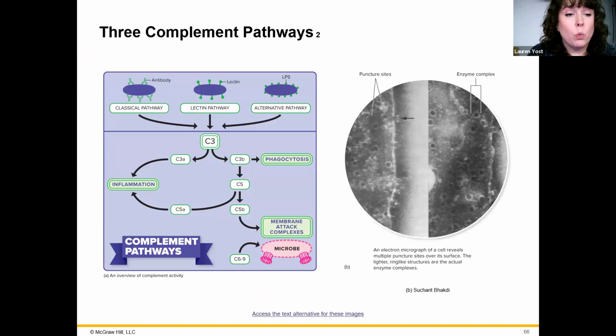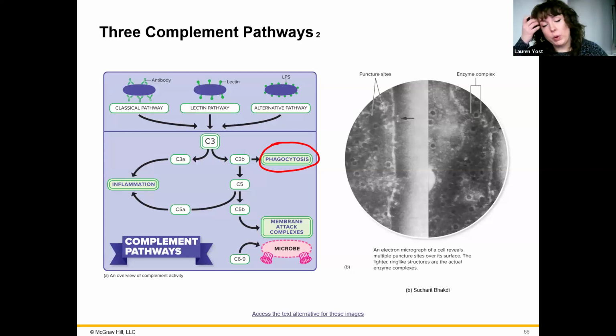No matter what, once it's activated, we go through this cycle of these proteins. I don't need you to know the proteins, but I do need you to know what the end results are, okay? We can help with phagocytosis. There's a special word for this that we're going to mention later on, when we talk about antibodies. When we are helping out phagocytosis, we're basically putting a handle on the outside of the gooey capsule.